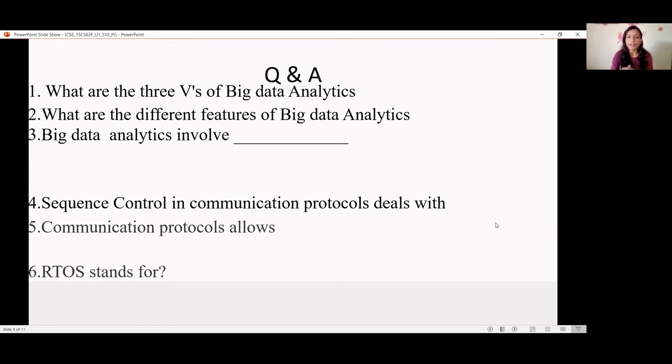At the receiver side, based on that sequence number, the divided message can be rearranged and the receiver can read the message. Next, communication protocol helps in what? It allows communication between things in an IoT network. Then RTOS stands for what? Real-time OS.